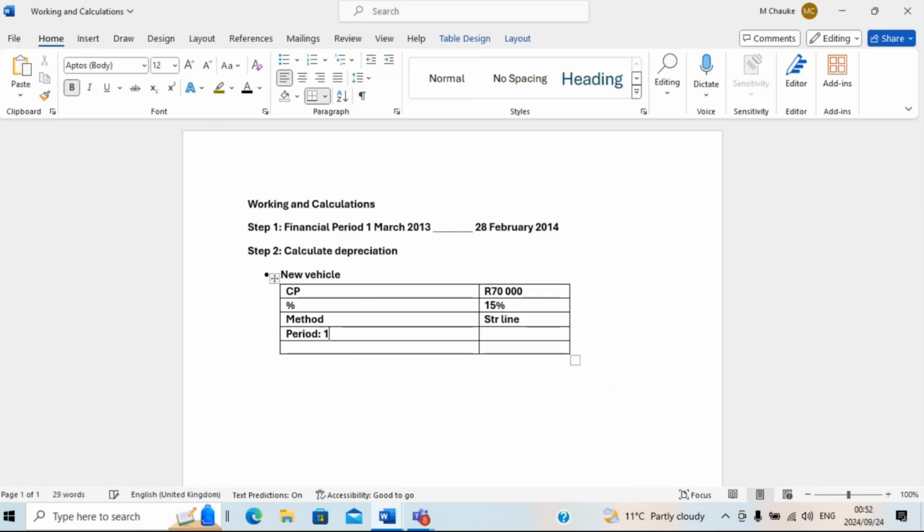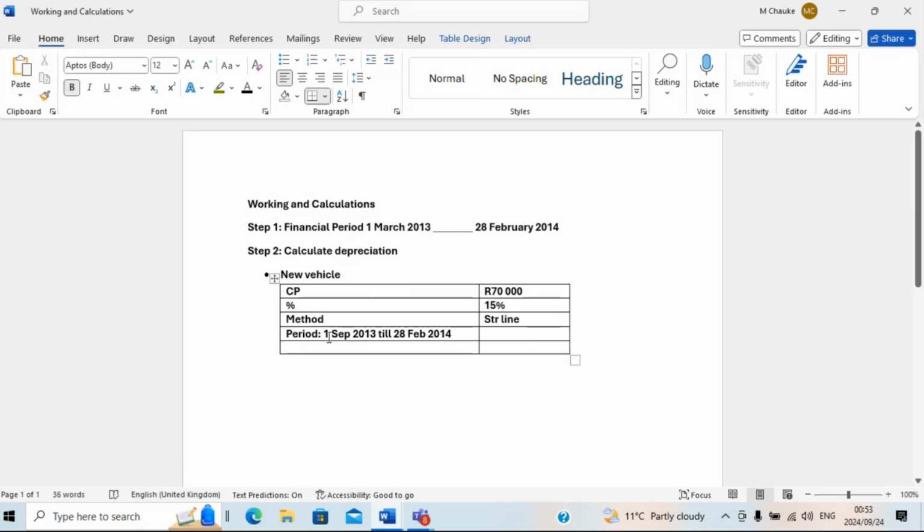So it means this vehicle was there from the 1st of September 2013 until the end, 28 February 2014.